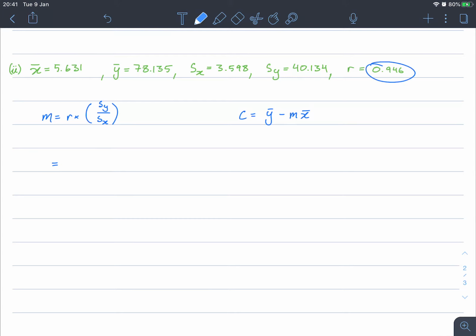The r value here is given, so 0.946 times s of y, 40.134, divided by the s of x, which is 3.598.